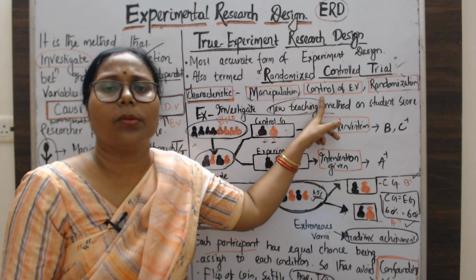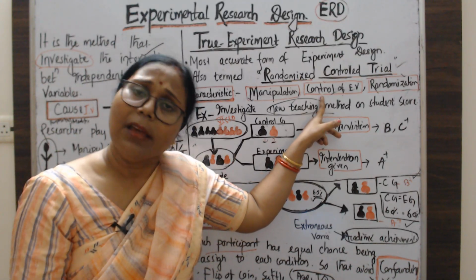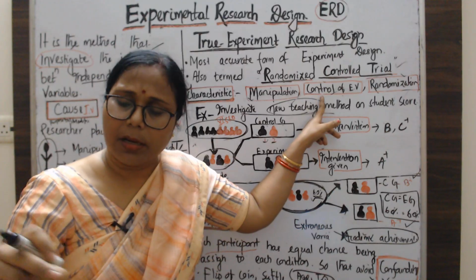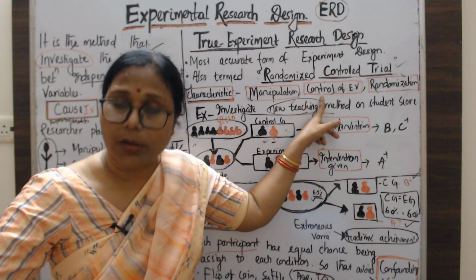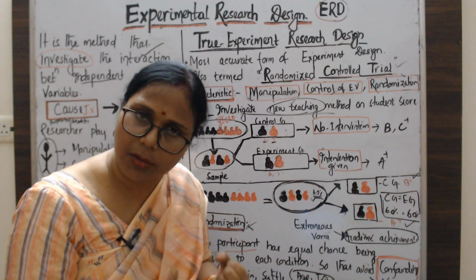But in true experimental research design, the researcher has control over this extraneous variable. Many times there will be one or more extraneous variables, or external factors, affecting the research outcomes or the dependent variable, so the researcher has full control over this extraneous variable.